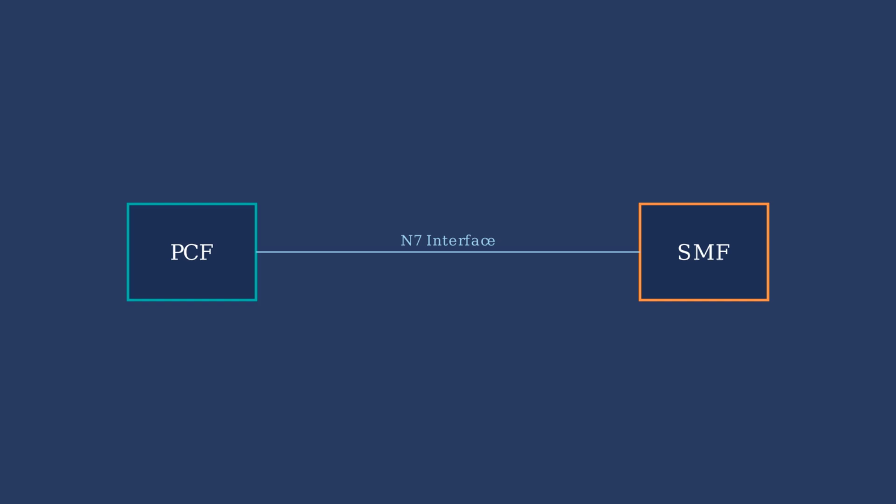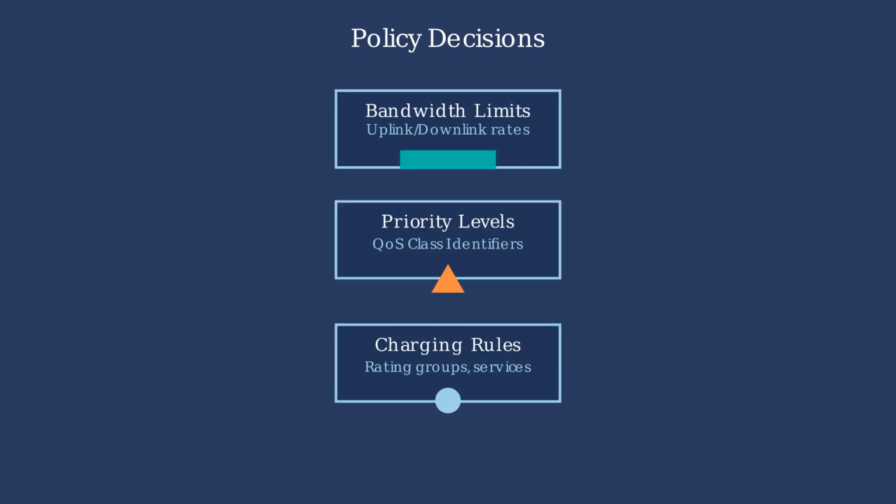The Policy Control Function, or PCF, returns key policy decisions to the Session Management function after its evaluation process. These policy decisions contain essential parameters that govern how network resources are allocated to the user session. The PCF sends three main types of policy decisions: bandwidth limits, priority levels, and charging rules. Bandwidth limits define the maximum data rates for uplink and downlink traffic.